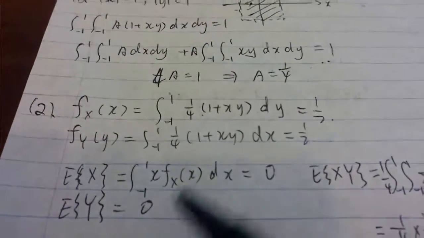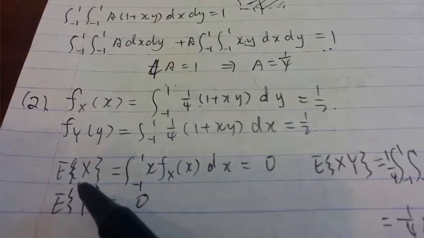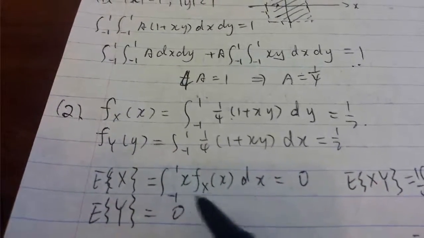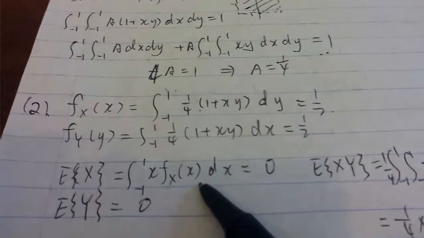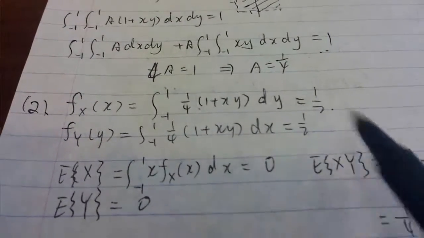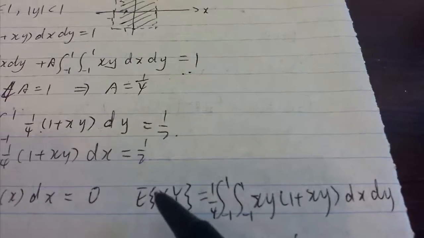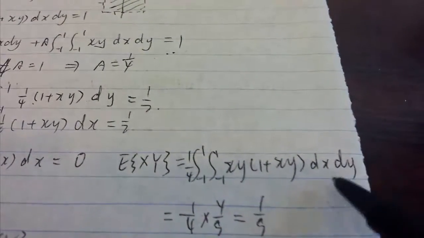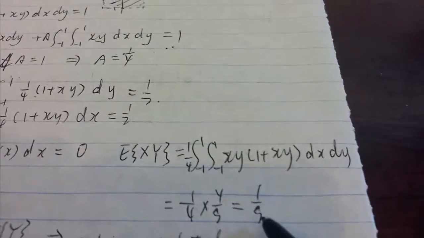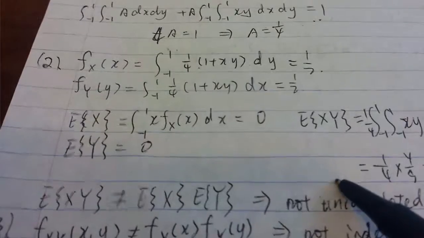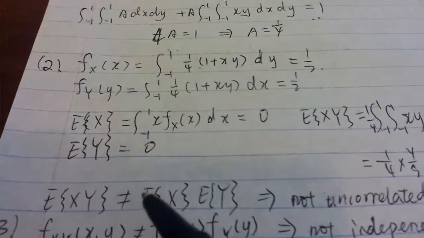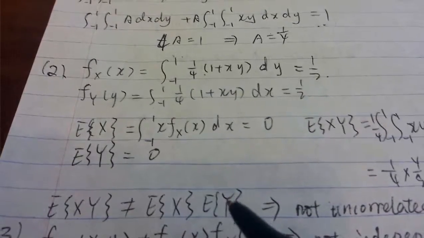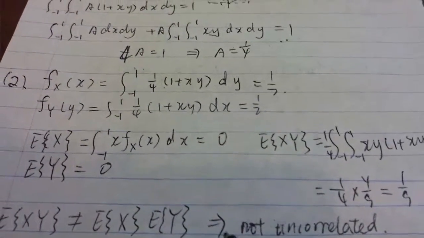And then we could find that the expected value of x equals 0, because we use the definition and integrate it, and the expected value of y also equals 0. And we should do the expected value of x times y, and we use the formula, and finally we get that it equals 1 over 9. Because the expected value of x times y is not equal to the expected value of x times the expected value of y, it's not uncorrelated, it's correlated.